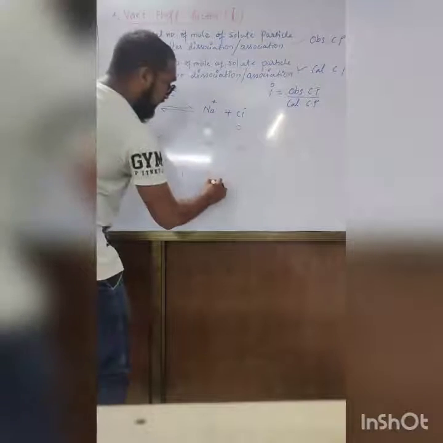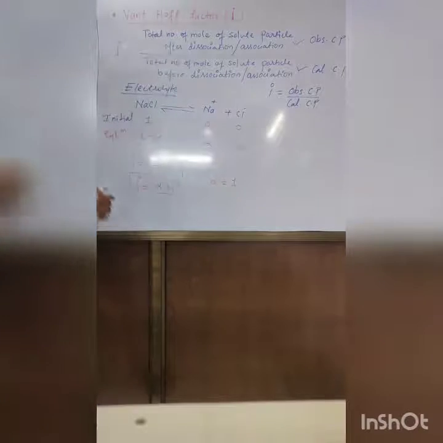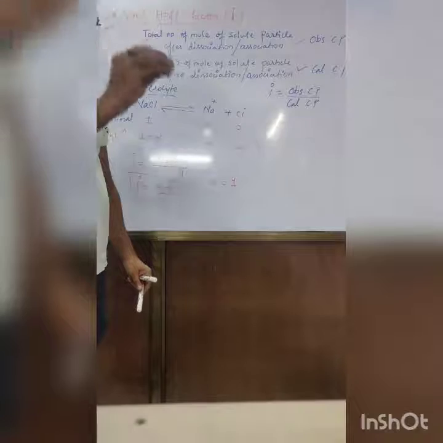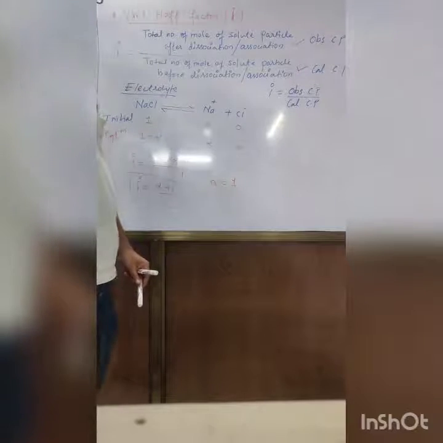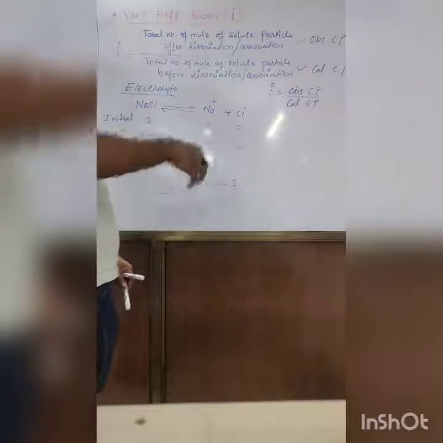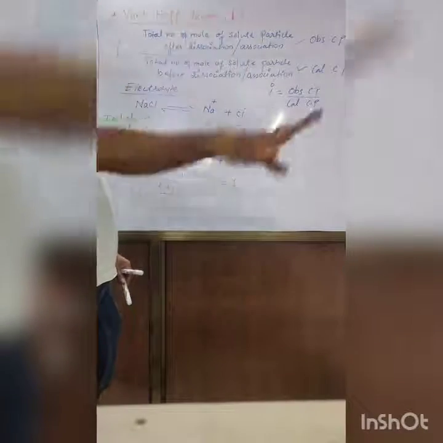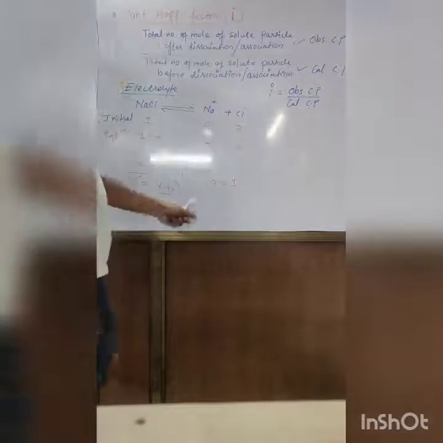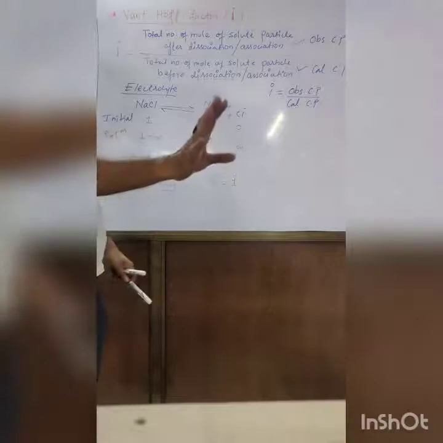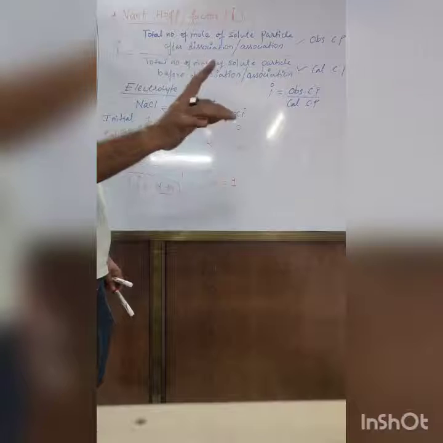If alpha is equal to 1, when does alpha become 1? Whenever an electrolyte undergoes complete dissociation, meaning all the molecules get converted into ions, at that time alpha is equal to 1. And for a weak electrolyte, alpha is less than 1.